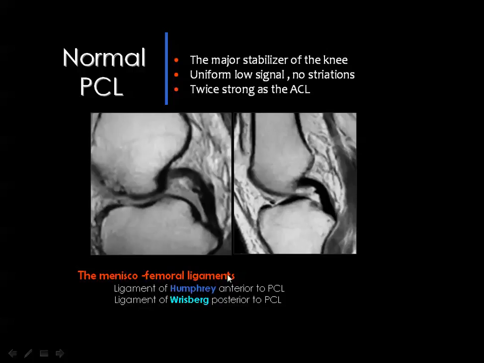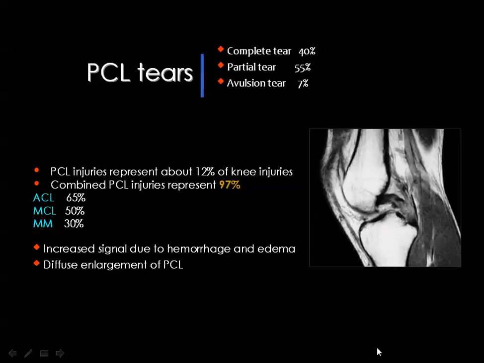The anterior one is known as the ligament of Humphrey. The posterior one is known as the ligament of Wrisberg. Many times you cannot see these ligaments because they are of low signal, and the cruciate ligament is also of low signal, and they are usually masked by the signal of the PCL. But this is a very good presentation of these meniscofemoral ligaments.